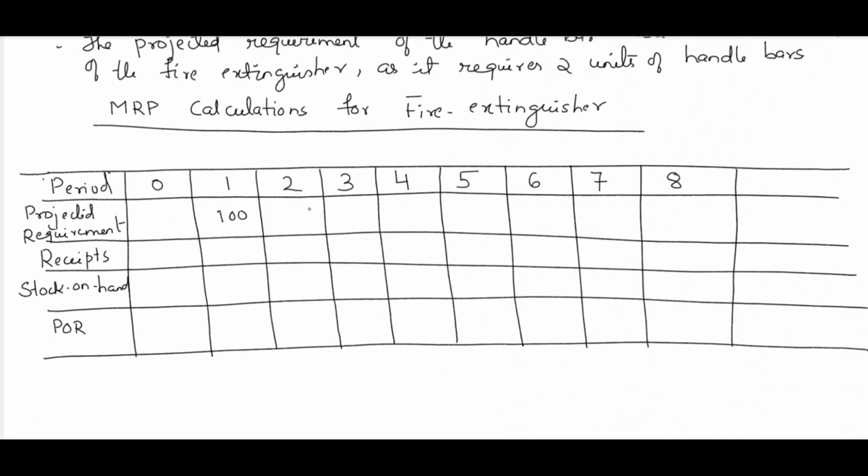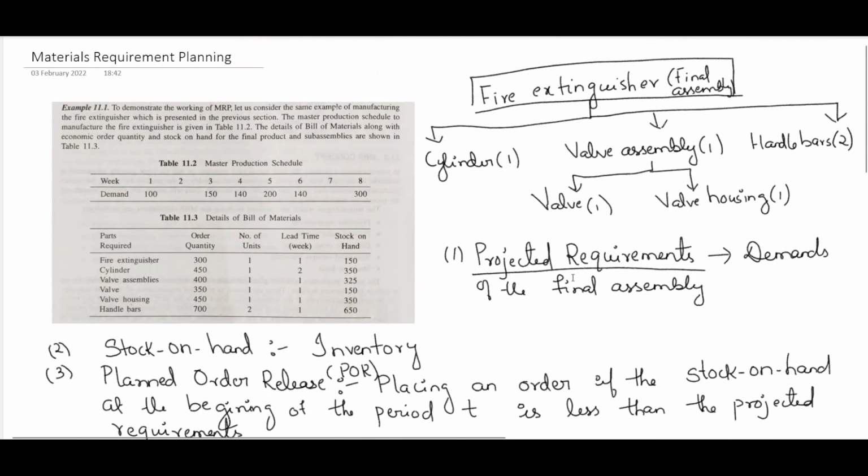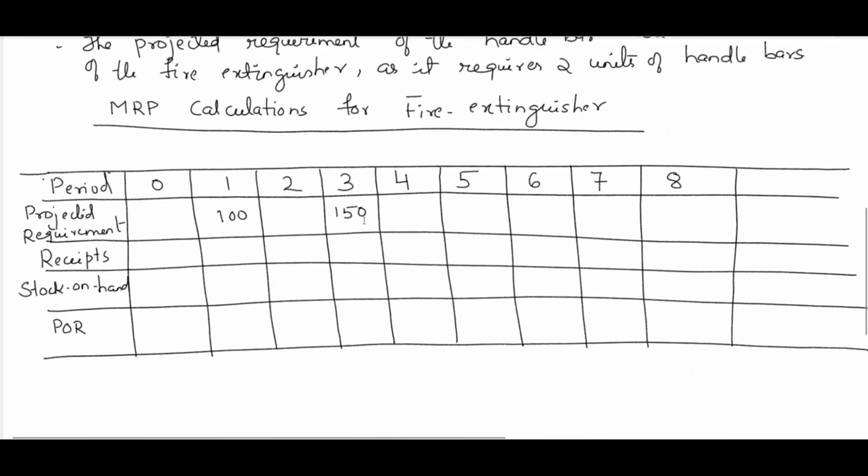For the fourth week it is 140 and the fifth week 200.